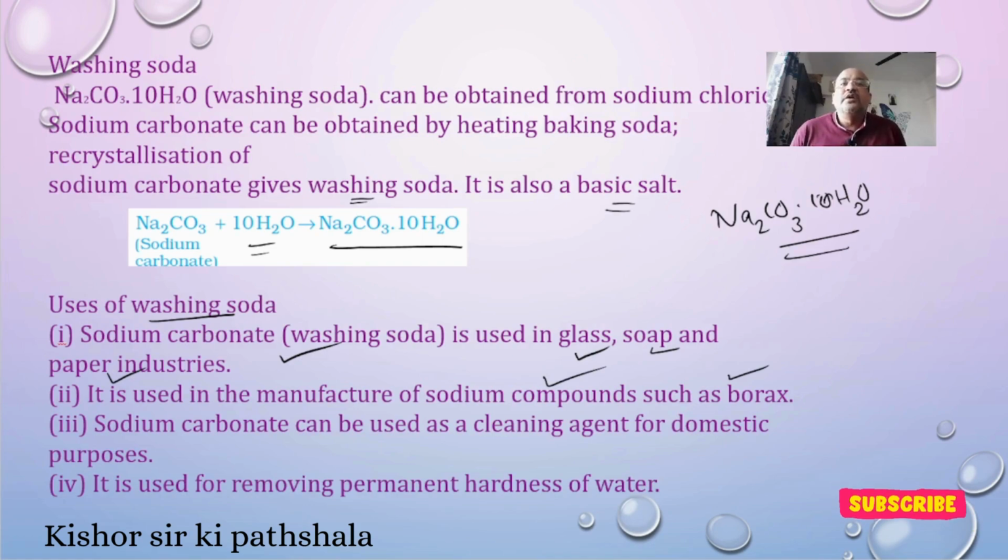Sodium carbonate can be used as a cleaning agent for domestic purposes. It is also used for removing permanent hardness of water. So the permanent hardness of water can be removed with the help of washing soda. So students, I am sure you have understood today's topic.